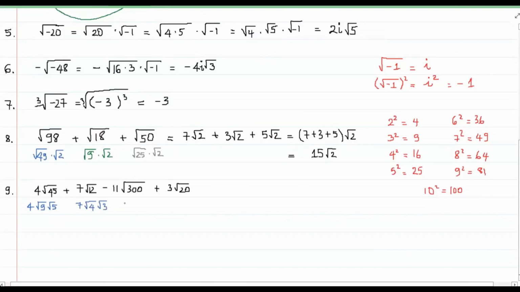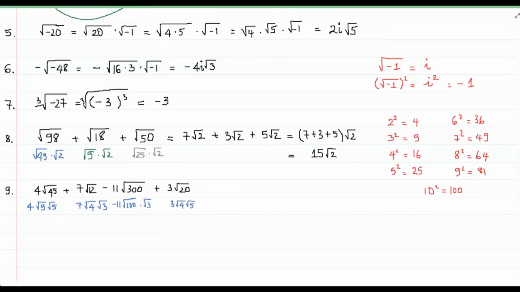Now 11 and 300, so it will be negative 11. Don't forget the sign. Times the square root of 100 times the square root of 3. And then the last one, we have 3 times the square root of 4 times the square root of 5.